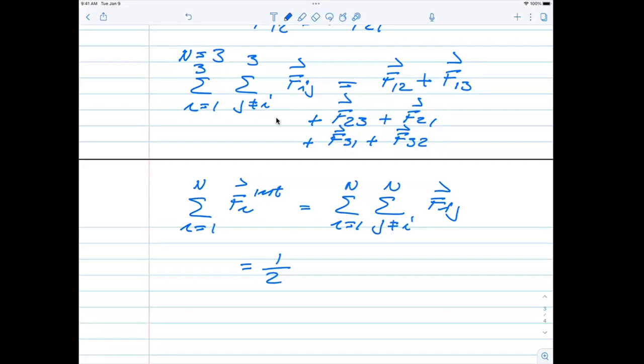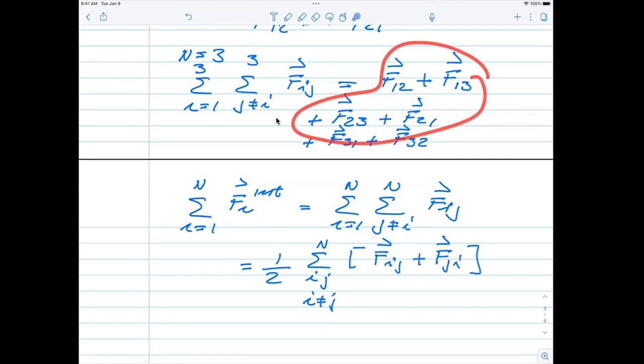But we can rewrite this equation now as a sum over I and j. This is a double sum, and we have a constraint that I cannot be equal to j, and I can write this as F of ij plus F of ji. So what I've done here is just to generalize what I had before.